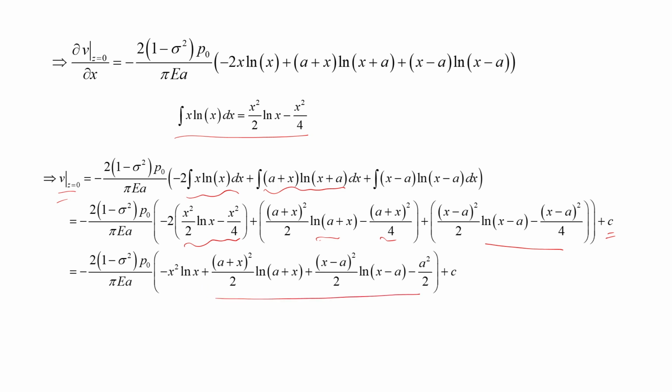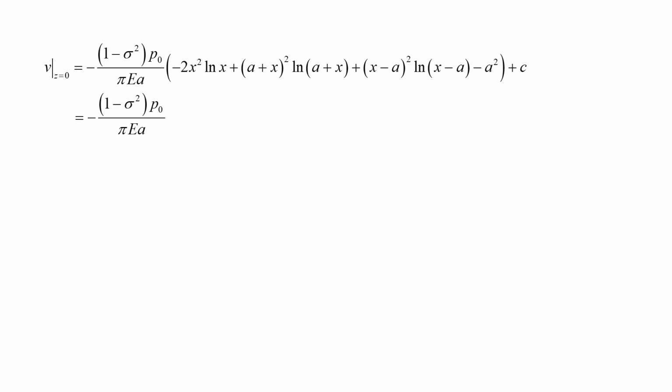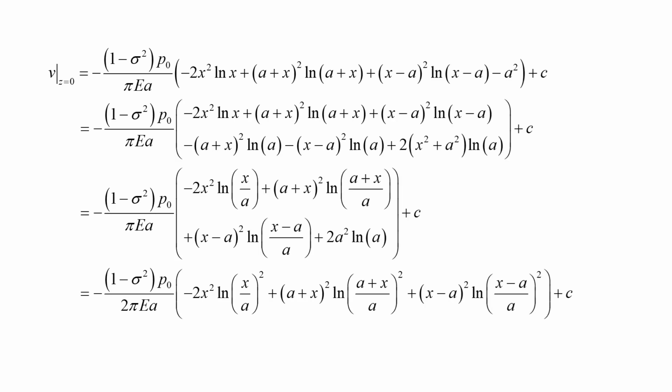We can write down this expression a little differently, so that we have ln of a plus x by ln of a. In order to get that, we had added some terms and subtracted some terms.